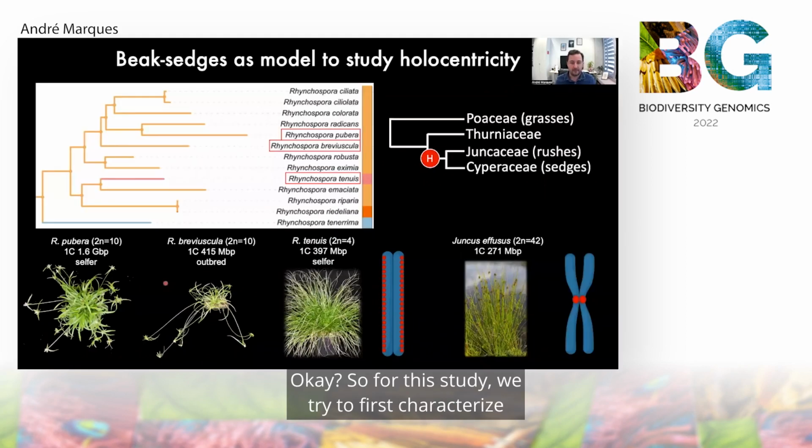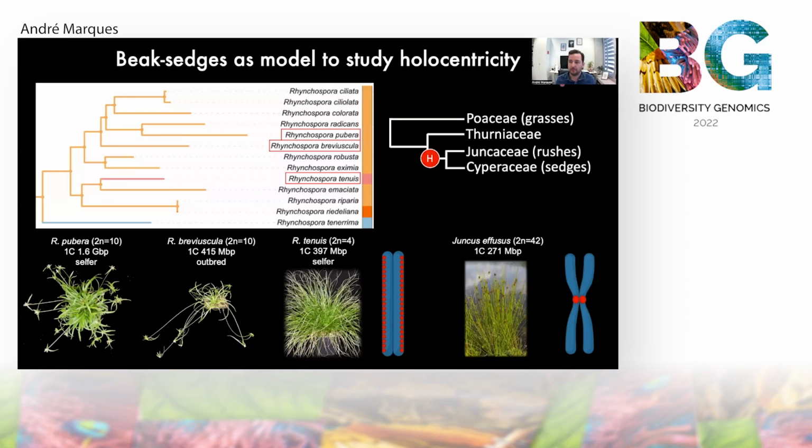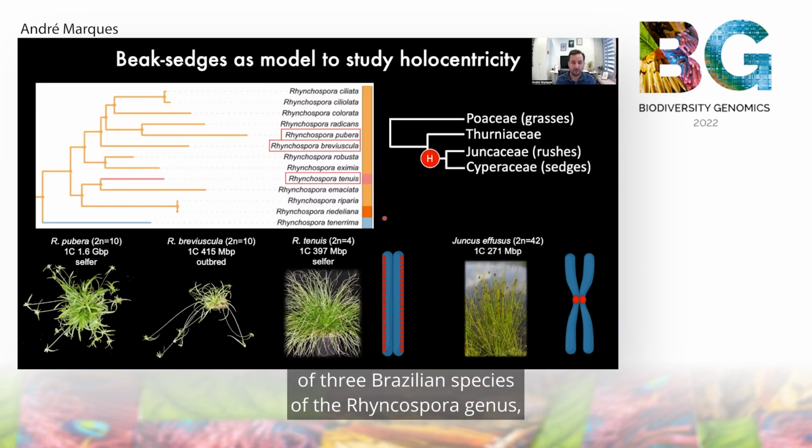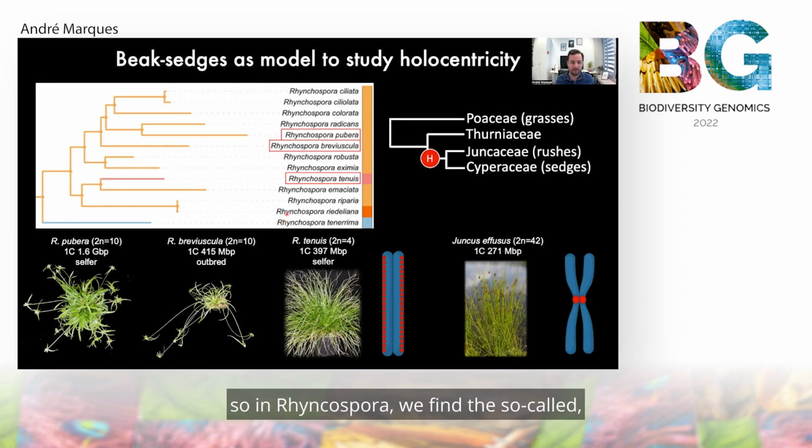For this study, we first tried to characterize several holocentric genomes of three Brazilian species of the Rhynchospora genus. In Rhynchospora, we find the so-called repeat-based holocentromeres, which means that each centromeric unit in these species has a specific site of a repeat sequence.